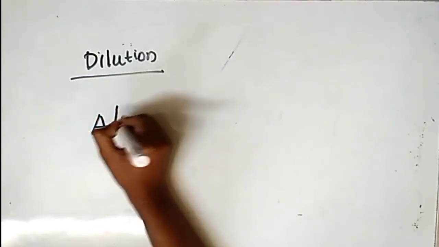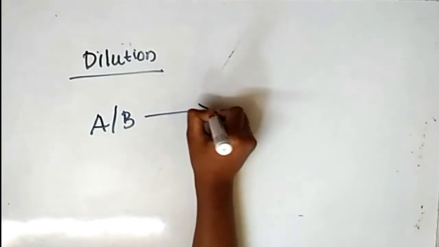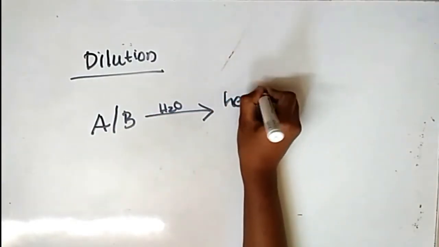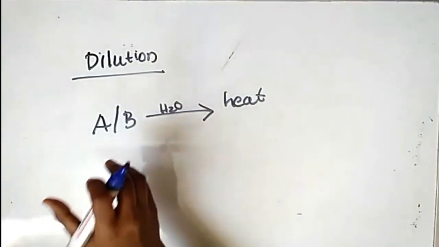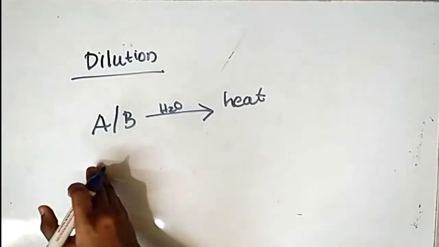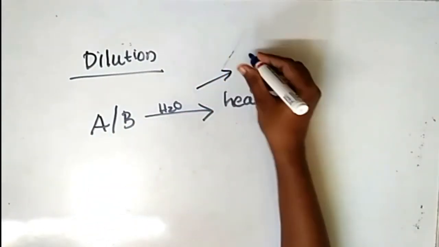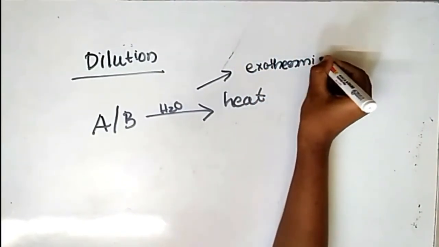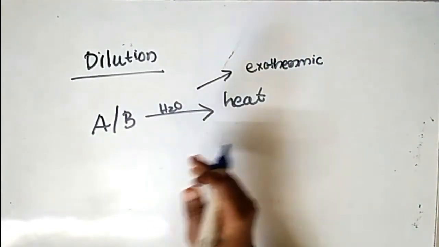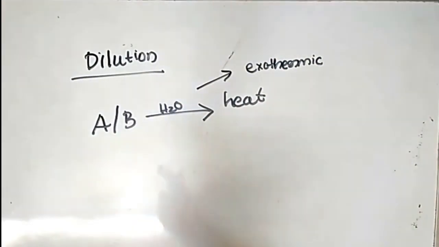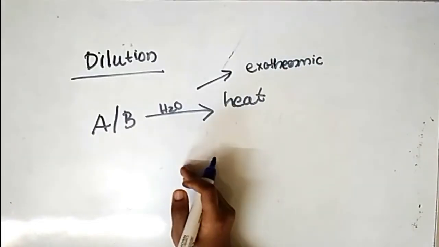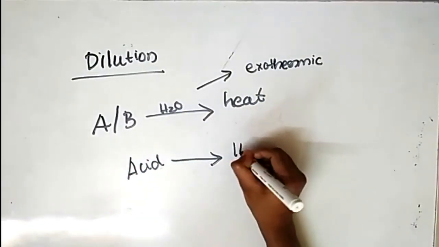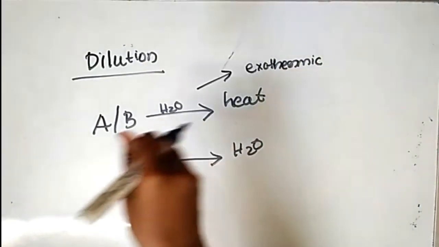When an acid or a base is dissolved in water, they always generate heat. So the process of dissolving an acid or a base in water is highly exothermic. It will always be exothermic. So while dissolving an acid or a base, please be sure to always pour the acid or the base into the water, not water into the acid.